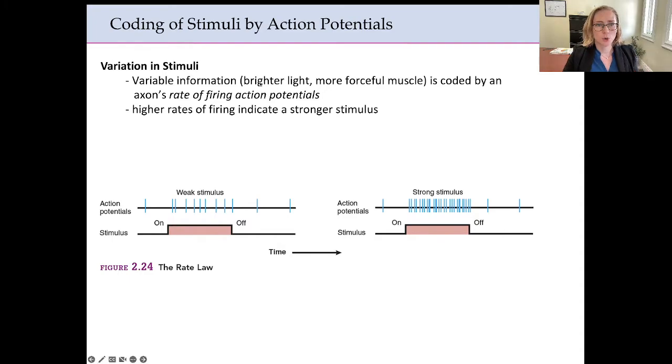And so this is coded not by the size of the action potential, but by how quickly you're going to fire an action potential. So we call this the firing rate, or the rate of firing of action potentials. So for example, here, each line represents an action potential, that depolarizing and repolarizing event, right? The thing that happens in a millisecond is represented here by one little blue line.